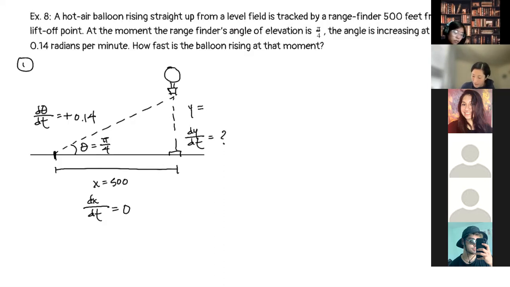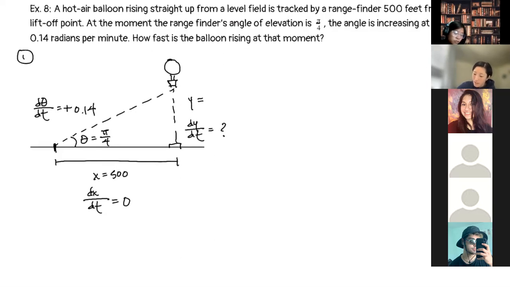Now, here's the tricky thing. Let's focus on the triangle for a moment. I've got a triangle, specifically a right triangle. I know the opposite side. I know the adjacent side.